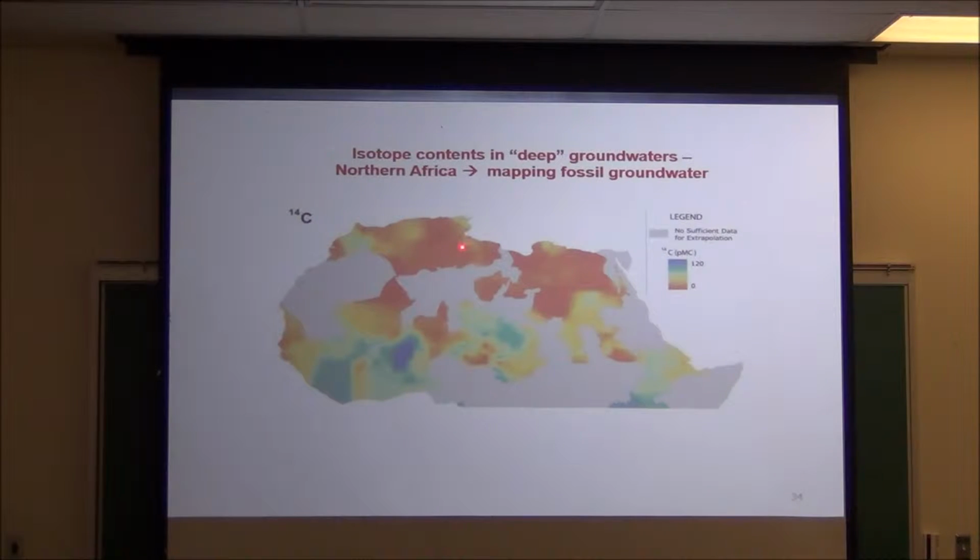Carbon-14 also gives an idea about the age of water, and for the continental intercalaire, we have very old water, as you can see in this content in percent of modern carbon.